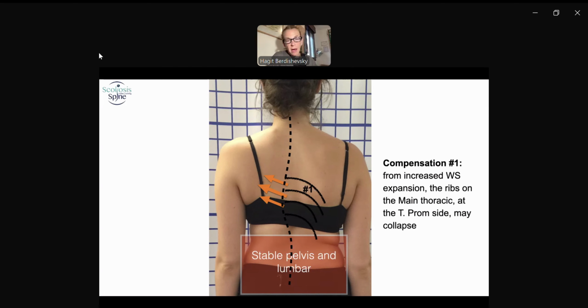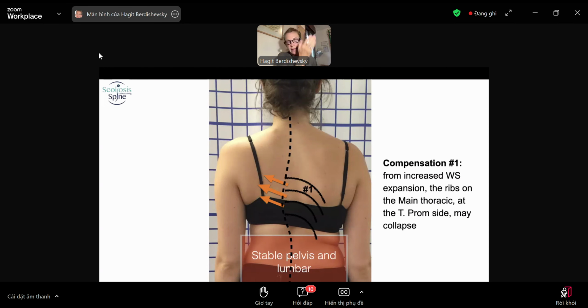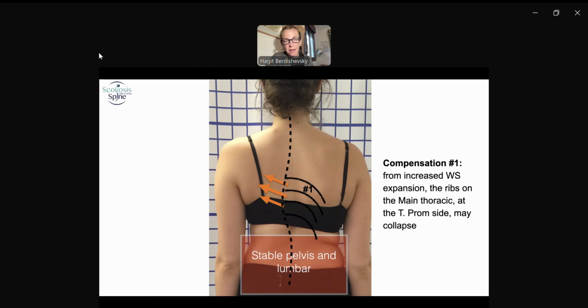One can think, yeah, maybe it's a good thing. And I know that in some methods, and I see some pictures over the media, patients push their curve from right to left, creating these collapsed ribs on the right side, and all the curve just shifts to the left, and they think it's good. No, it's not.